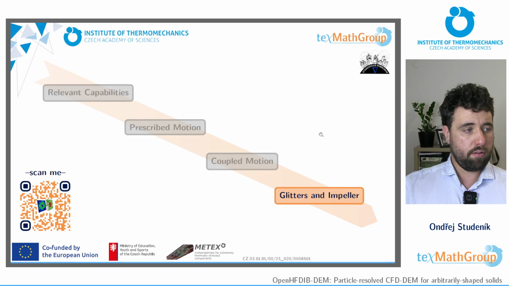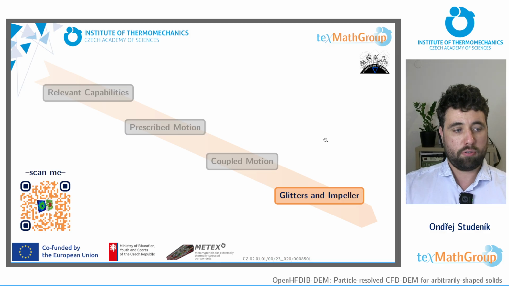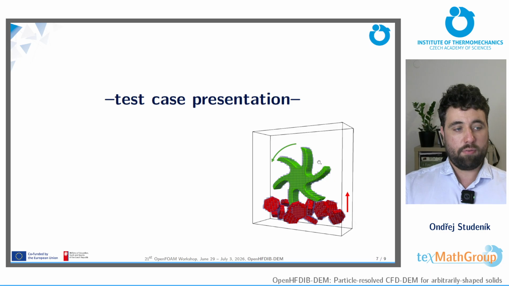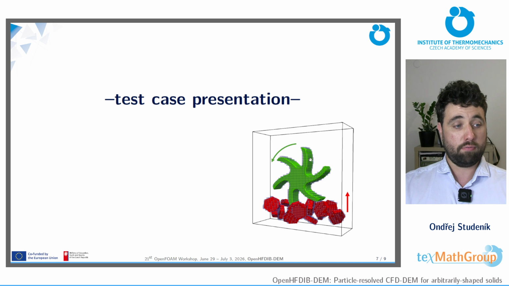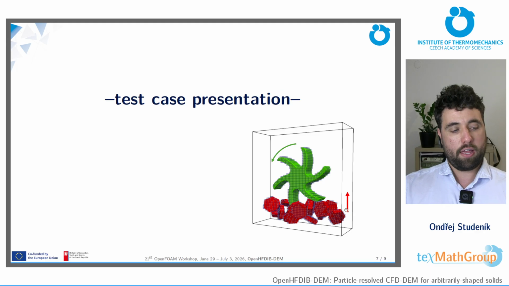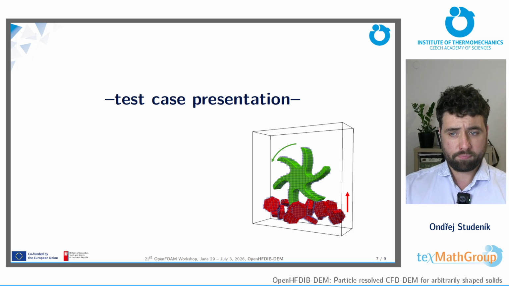With this tutorial out of the way, we may proceed to the addition to our overall goal, the glitters and impeller case, where we want to prescribe the impeller to move with angular velocity in the counterclockwise direction, and with the added glitter particles at the bottom to start moving up towards the impeller.